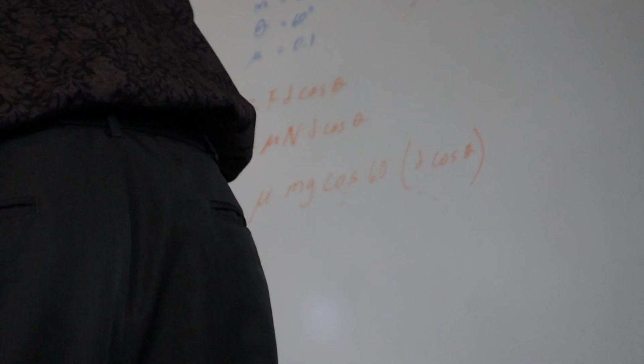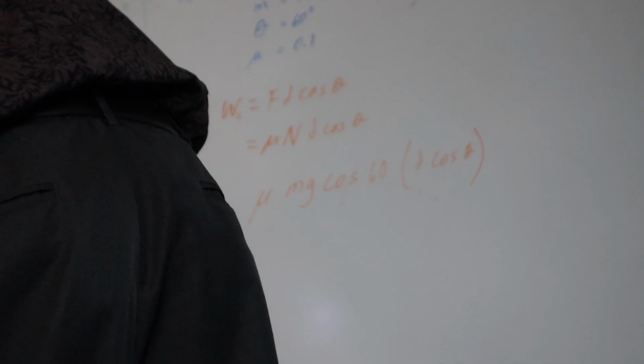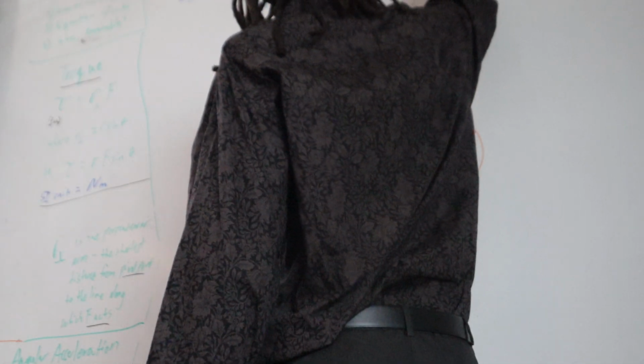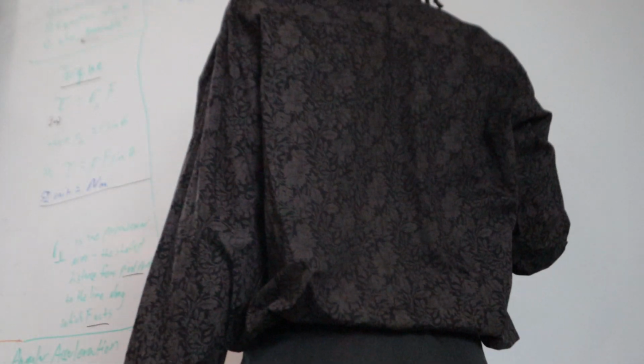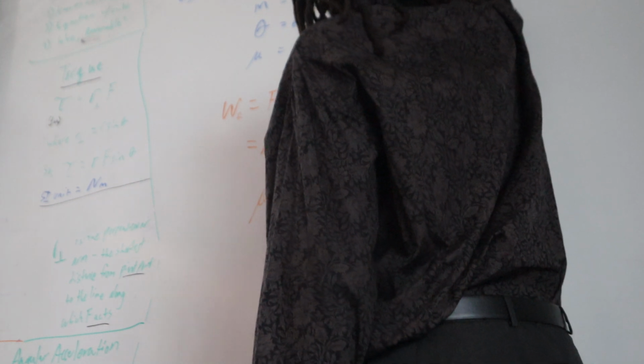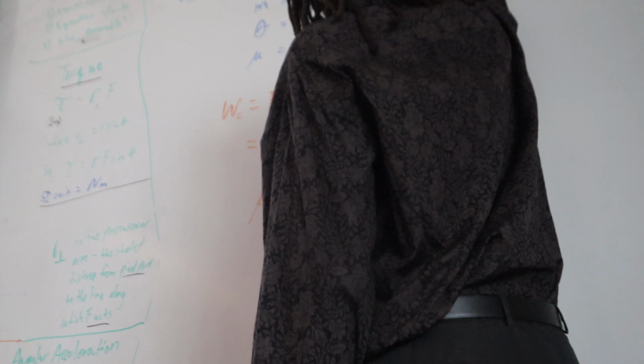Cosine of phi. Yeah, so there is a different angle. This angle is phi, and then this angle is theta. So this angle is phi, which is the 60.